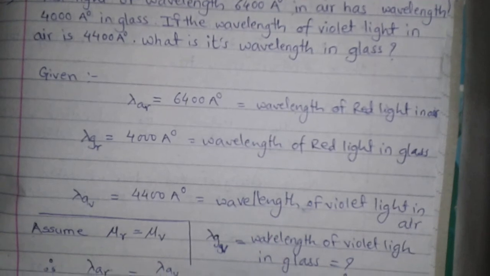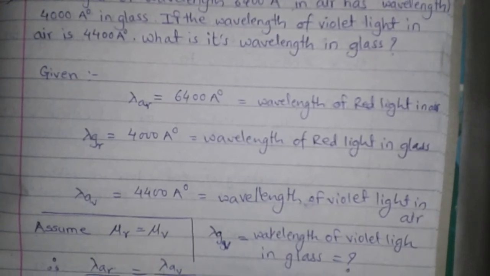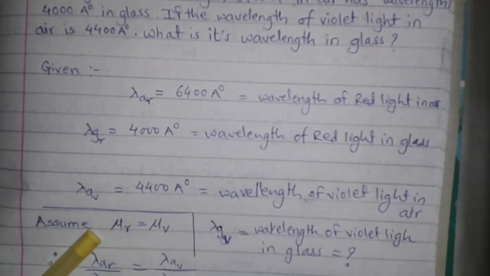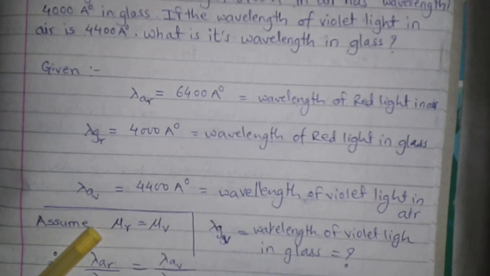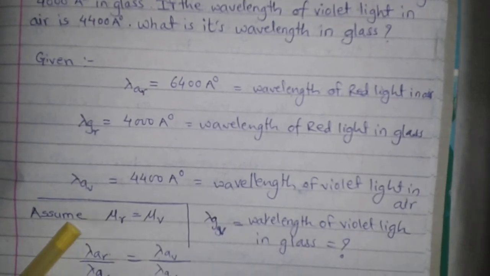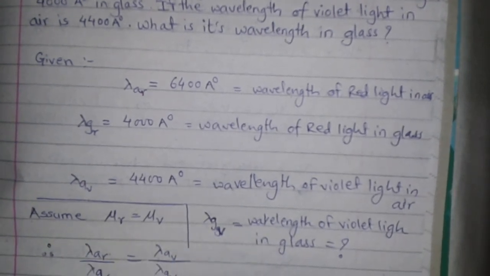So here the hint is, assume that the refractive index for red color is equal to refractive index for violet color. So now we need to find the wavelength of violet light in glass.